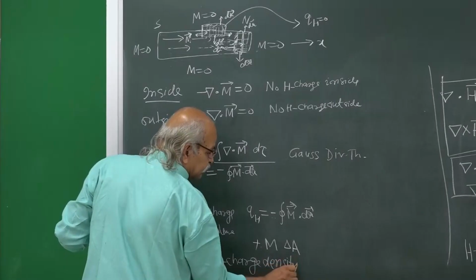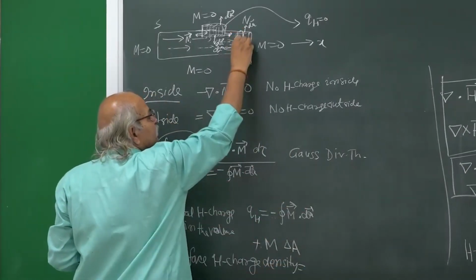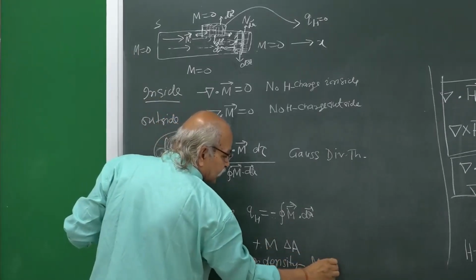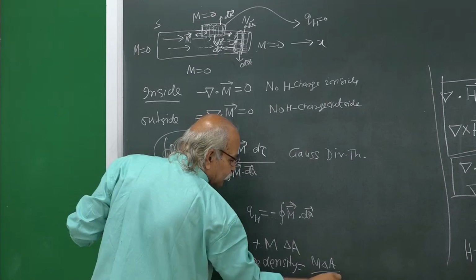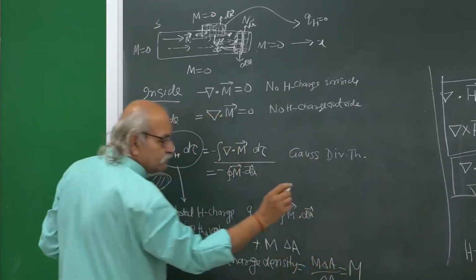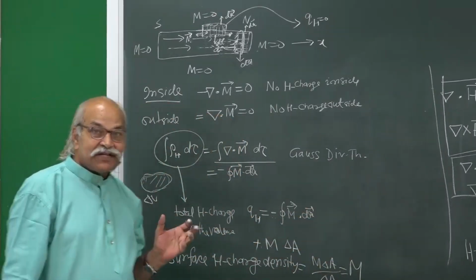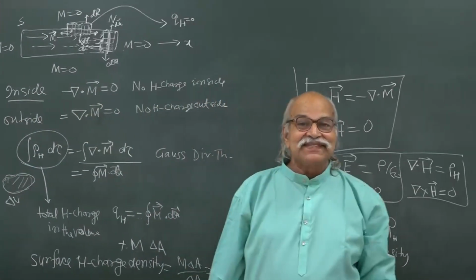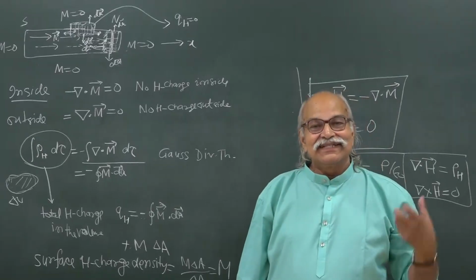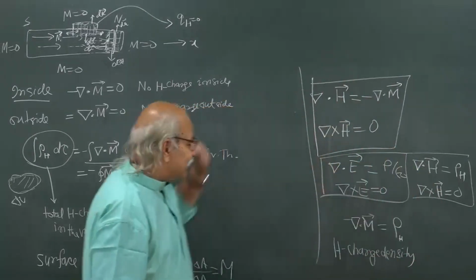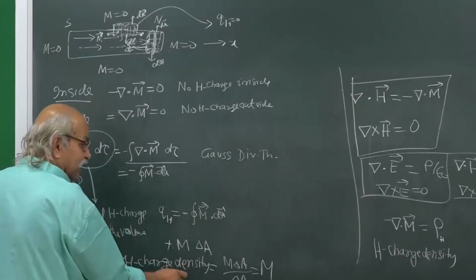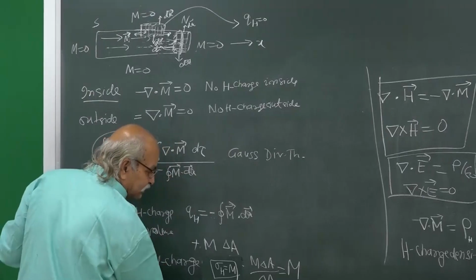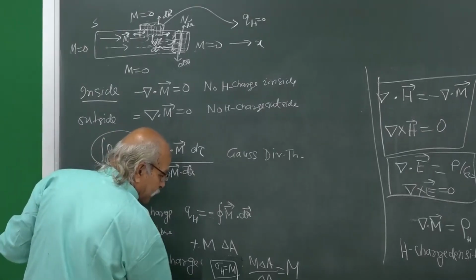The charge on this surface is this M times delta A, and divided by delta A is the density, so M. So this magnetization M itself is the surface charge density at this end. You can write that as sigma h. Sigma is surface charge density, that is M.